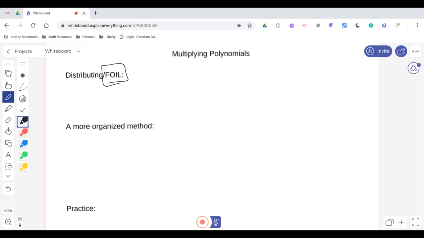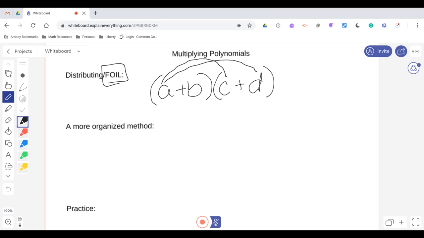So basically how it works is if I have a binomial times another polynomial, I would need to multiply A times everything in both parentheses, and then I would also need to multiply B times everything in both parentheses.